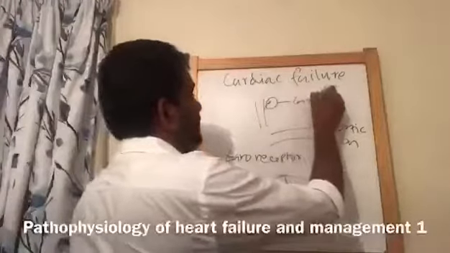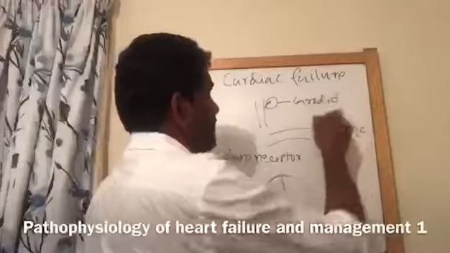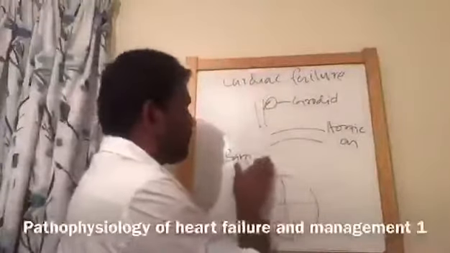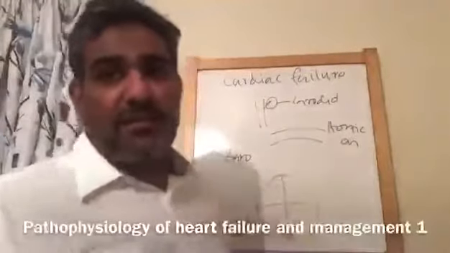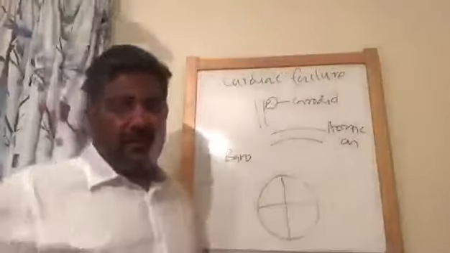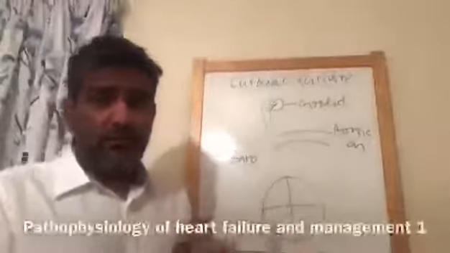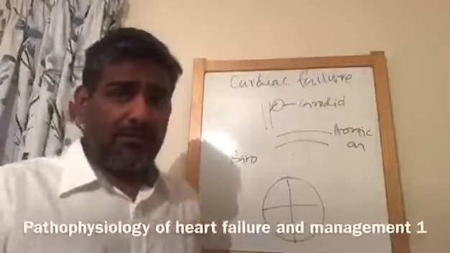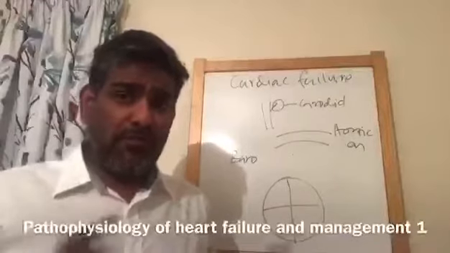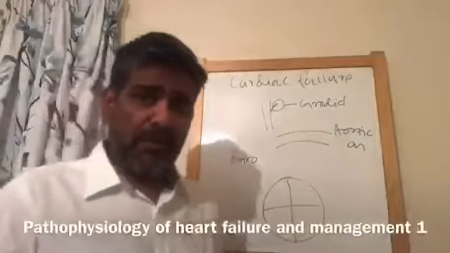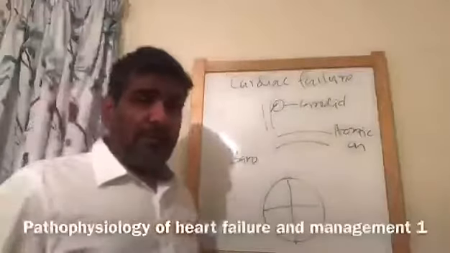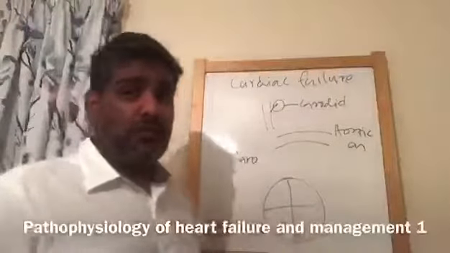Baroreceptors mean pressure receptors. They sense the pressure inside the blood vessels. When the heart starts to fail, that means it can't pump as it did before. So the pumping ability is reduced, so the pressure is going to be reduced.